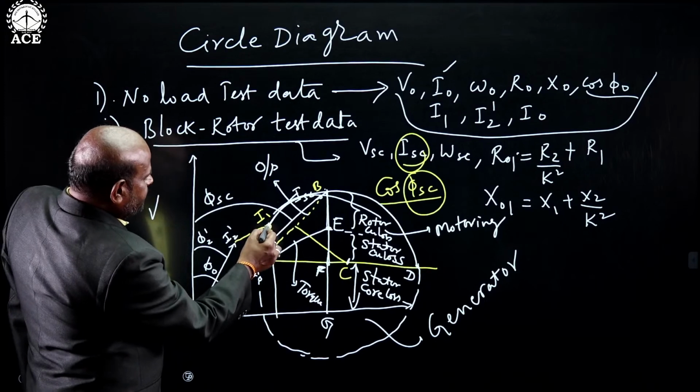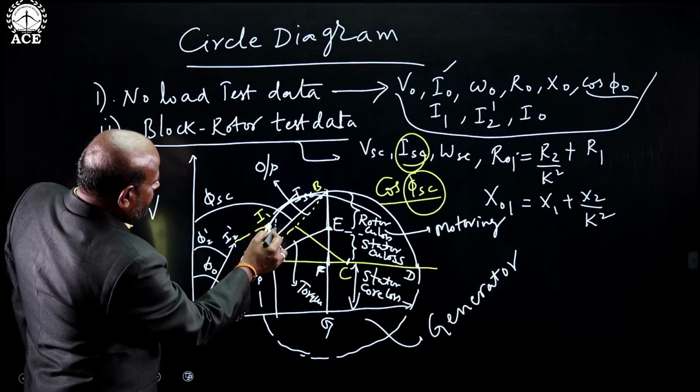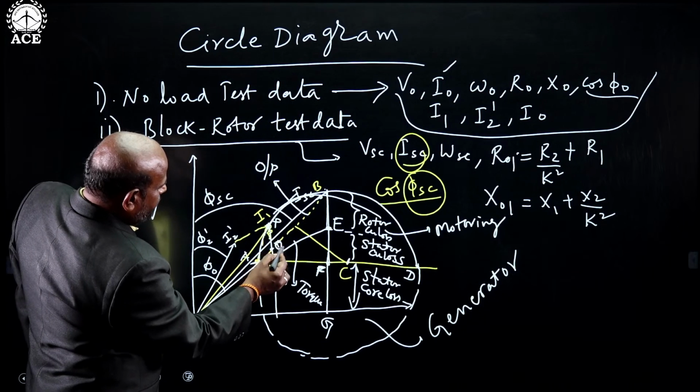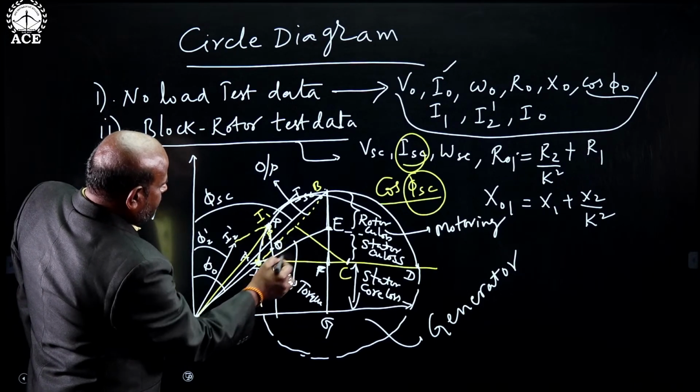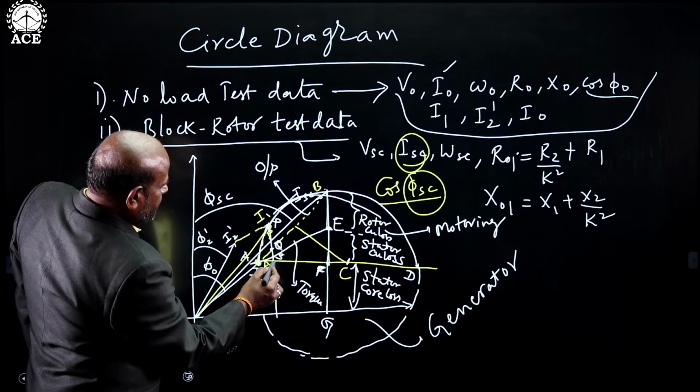So the component which is touching the AB line, this is P, is now indicated by Q, and this point is S, T.